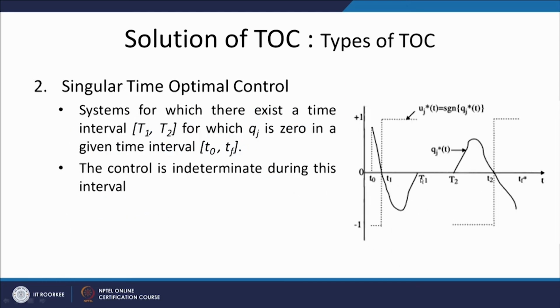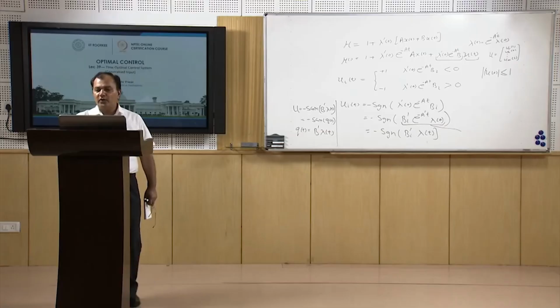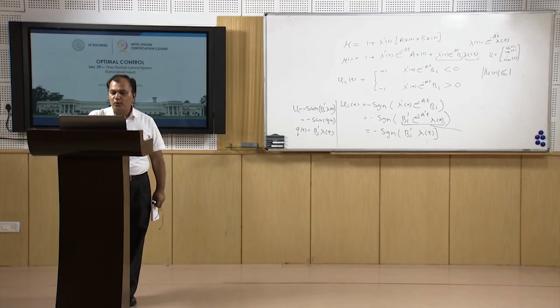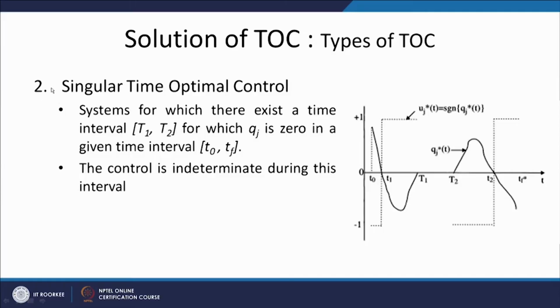In this case we can prove that if this condition exists, my system will be uncontrollable. So, you can follow the literature to get the proof of this. And such type of system we call the singular time optimal control system.